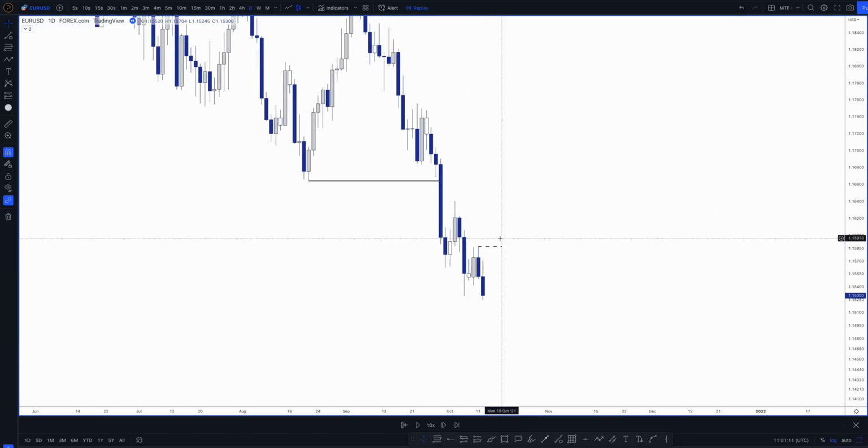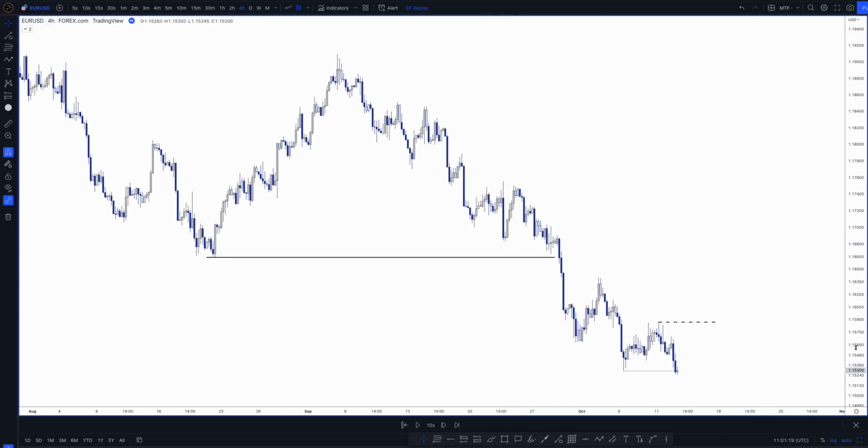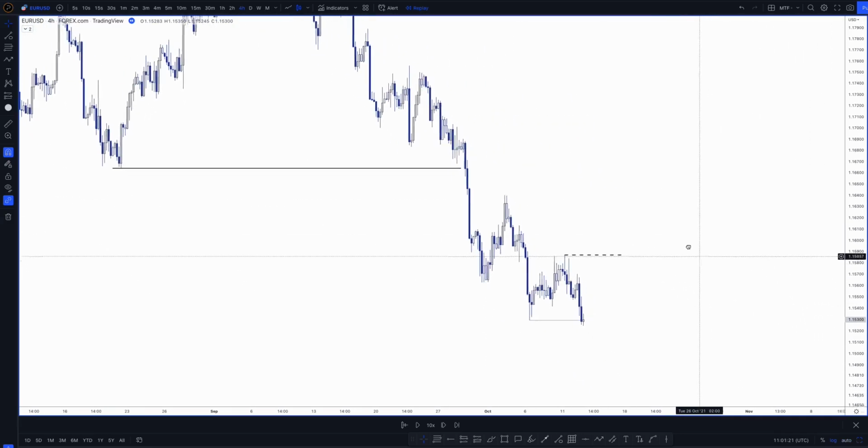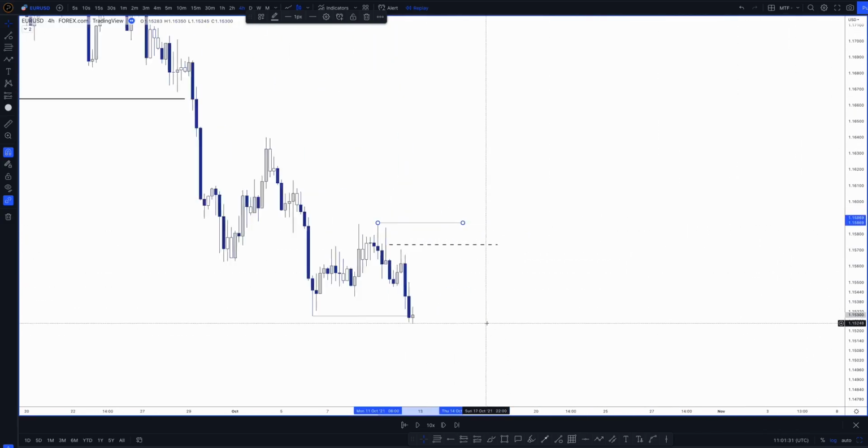You always draw it here. It just so happens that a lot of the time the fractal high on the daily chart may line up with where the 4-hour swing high is, okay? So it's a coincidence. It's not the rule of how you define where you draw it, okay? Because sometimes it might be just a little bit higher or just a little bit lower, right? But we know this is the 4-hour swing high because that's the highest point that took out the low, okay?